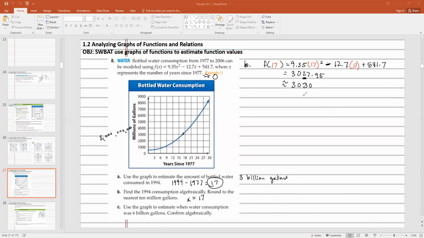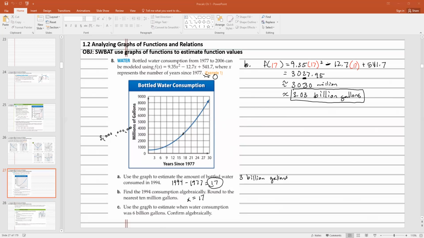So what does that mean? That's basically 3.03 billion gallons. How do you want to write it? Either way is fine. This is the way the book writes it. All right, that's how you do B.